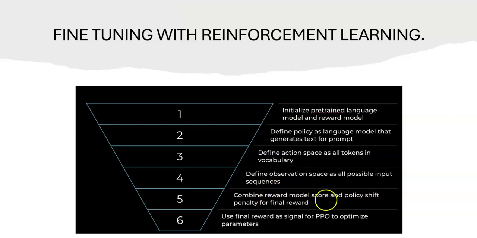In the fourth step, you'll have your observation space with all the possible input sequences that you want to input to your model. In the fifth step, you combine the reward model score and the policy penalty to make the final reward for your model.